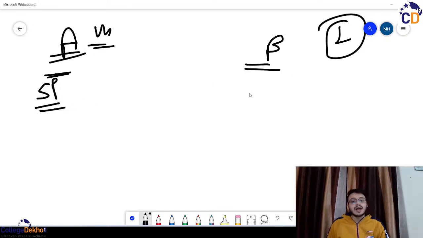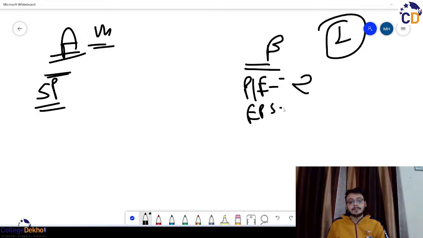The PE ratio of this company is, for example, 2, and the EPS of this company is, let's say, 3. So 2 is the PE, and these are just random numbers that make no sense. I'm just taking random numbers for the sake of simplicity. So EPS is rupees 3.